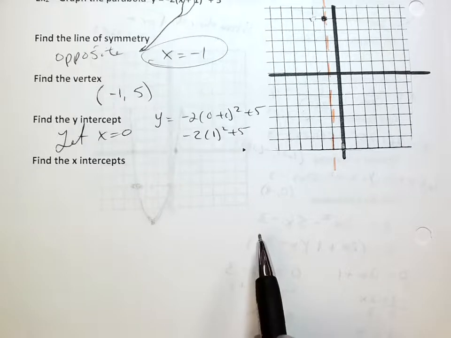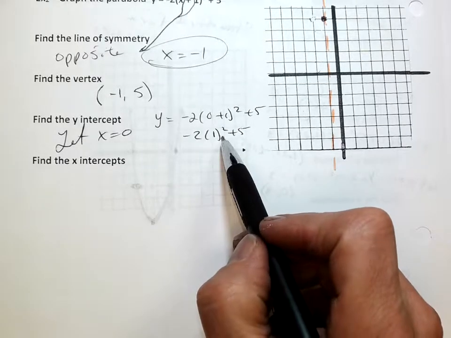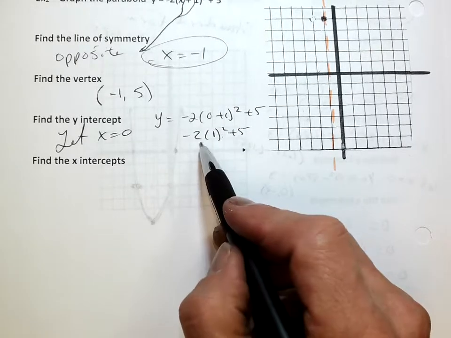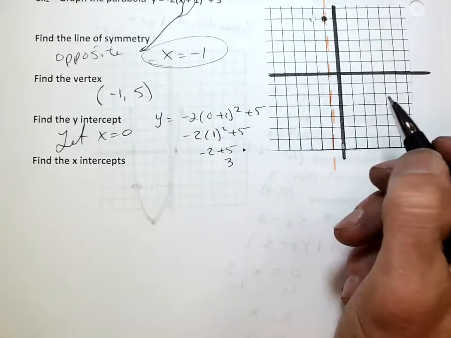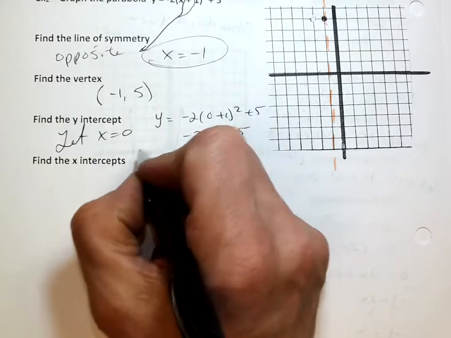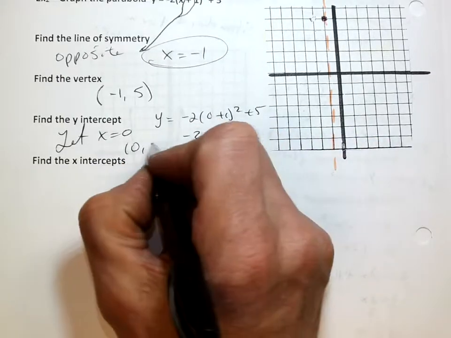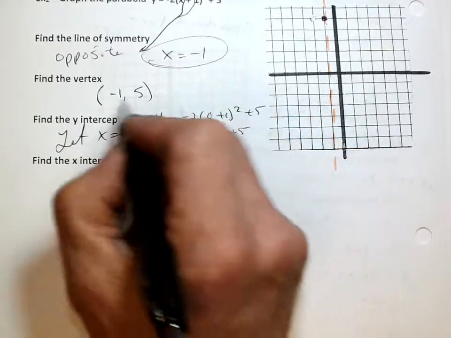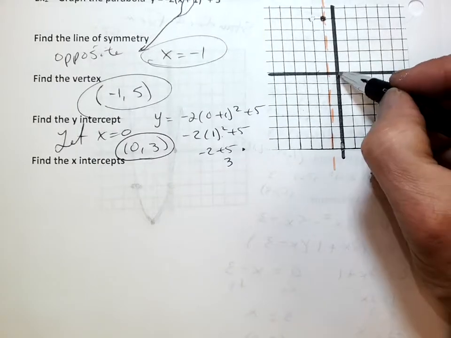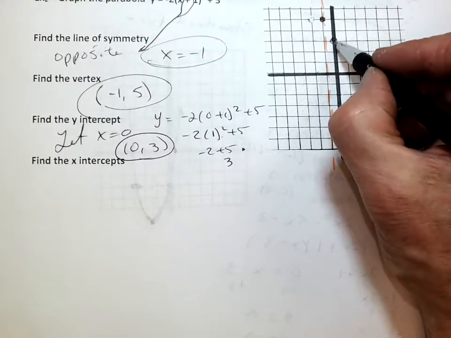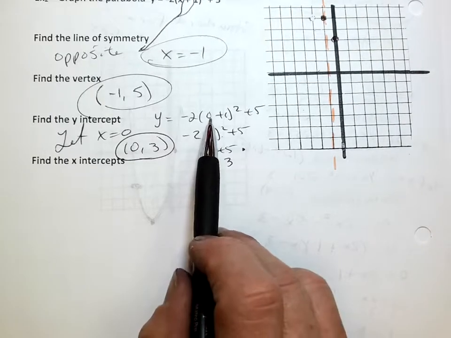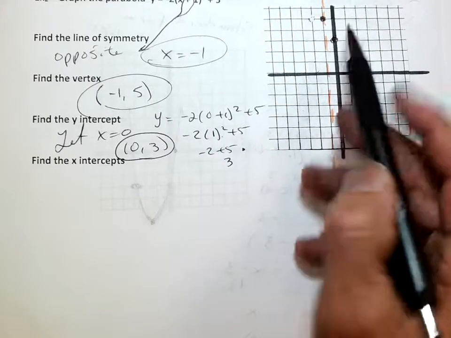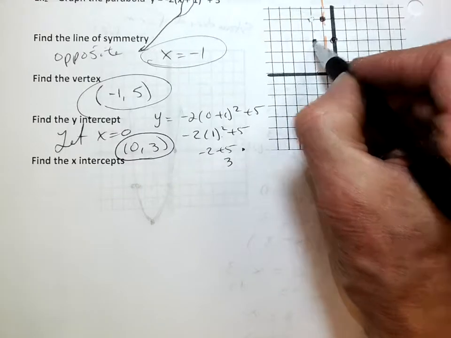Negative 2 times 1 is negative 2, plus 5 is 3, right? So my y-intercept is at 0, 3. There's my y-intercept. I go to 0, 3, 1, 2, 3, and it's right there. Now I know I have another point over here because it is symmetrical, right?